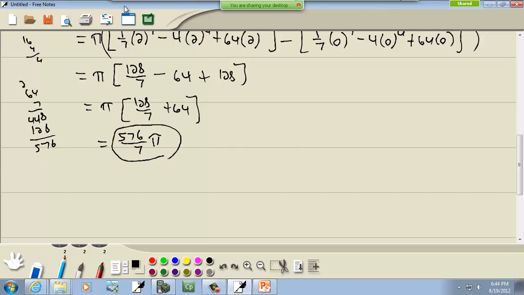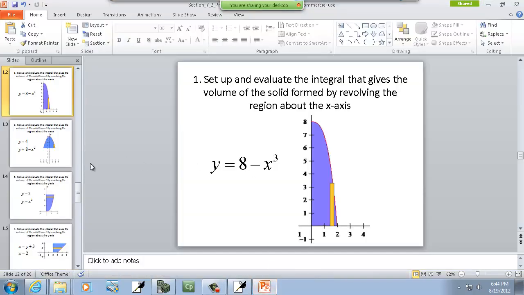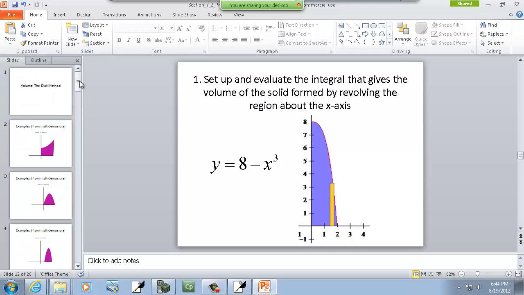That particular problem. So let me save this. What's this called? This is called volume the disk method.